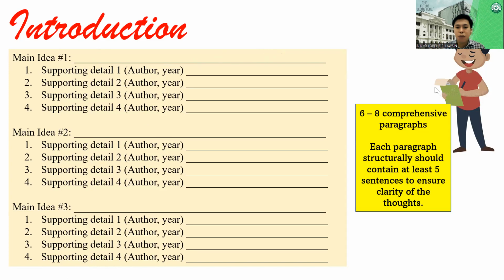And in some papers, their introduction is composed of at least 6 to 8 comprehensive paragraphs. It becomes comprehensive because you can see the unity, clarity, and coherence of the way the paragraphs are organized. You can see each paragraph is supported with several supporting details that strengthen its argument.